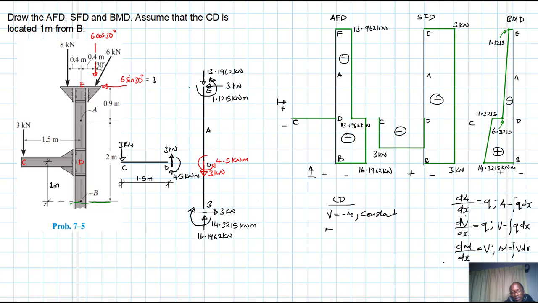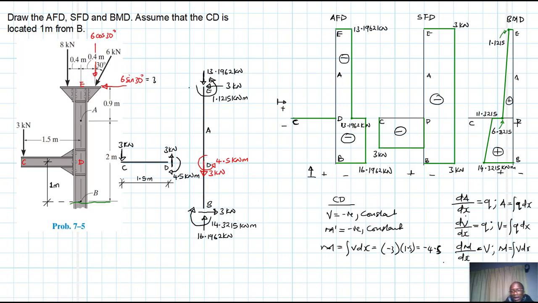Therefore, you expect M prime, which is dM/dx, to also be negative and constant. And this magnitude for M is just the area under the shear diagram, in our case just -3 times 1.5. This is going to be equal to -4.5.